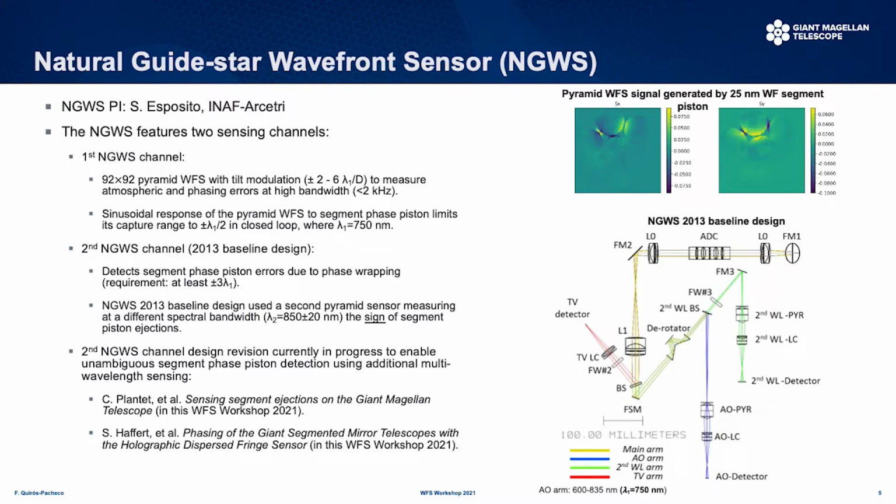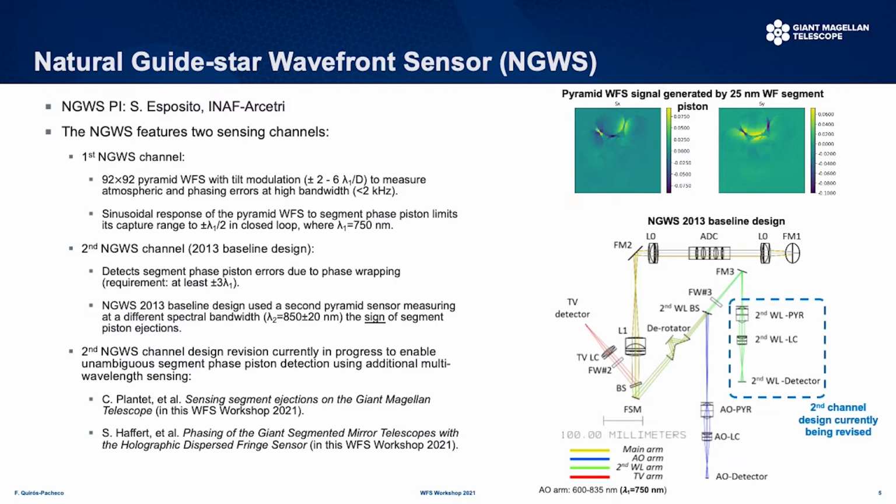The NGWS second channel 2013 baseline design used a second pyramid sensor identical to the one in the first channel, but measuring at a different spectral bandwidth to detect the sign of segment piston errors. In this way, the capture range was increased to plus minus 3 waves.